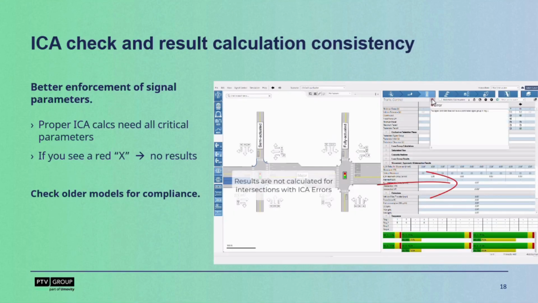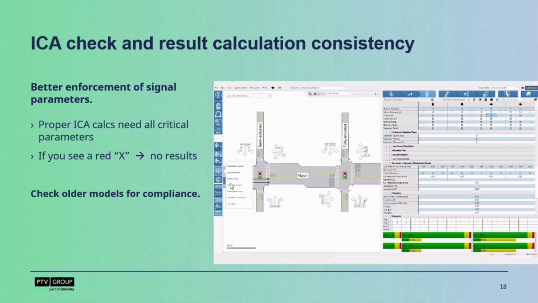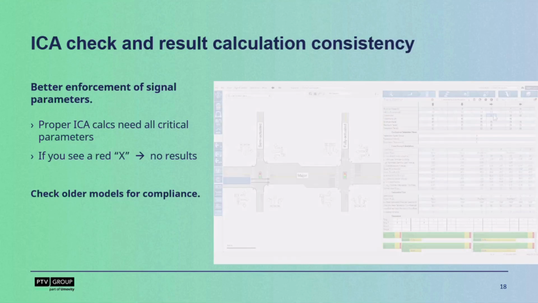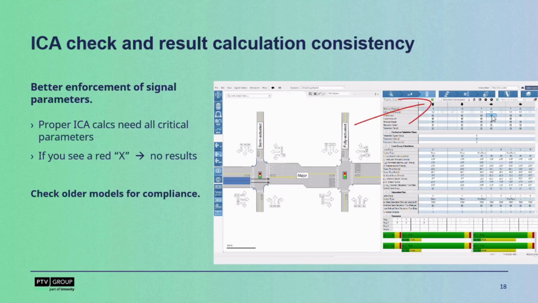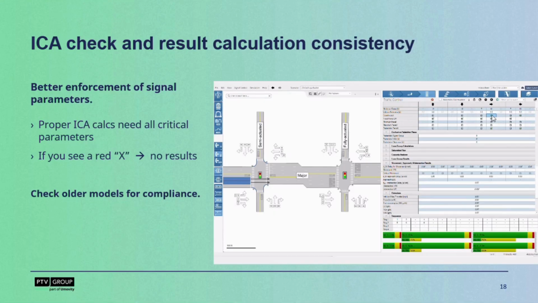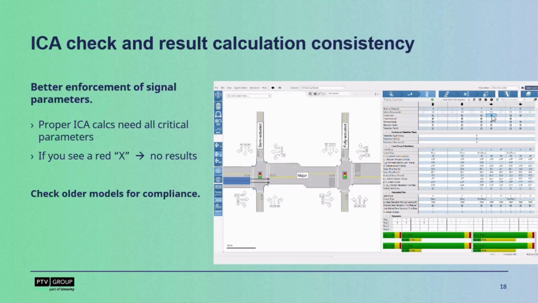So yeah, if you start seeing more red X's on older models, that's likely the case. But if you just check the detectors and then also the right coordination groups, everything should be resolved. The error messages that we provide are quite helpful, and it should steer you in the right direction.